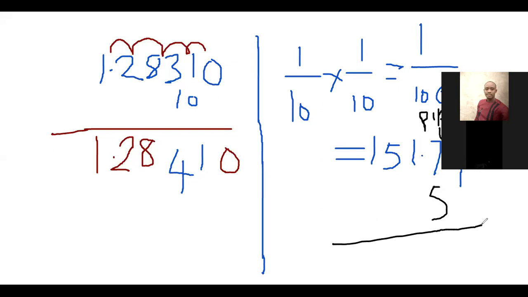So if I add this, 9 comes down, 7 plus 5 is 12, so 2 and carry 1. That's 2. That's 5. That's 1. So I just added a simple 5 pips to this yen pair.